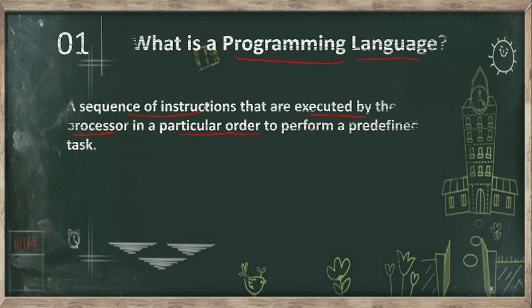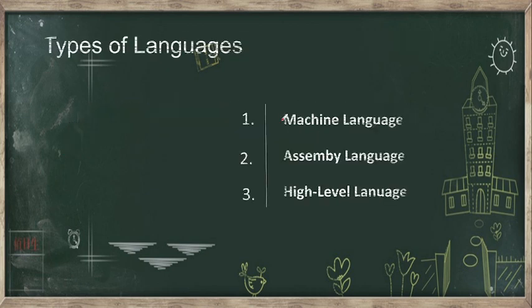So this is how we can define a programming language: a language written as a sequence of instructions, used to execute a particular task, and this execution is done by a processor in a systematic order. This is how we can phrase the meaning of a language.